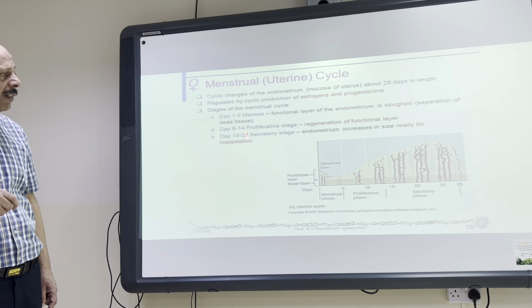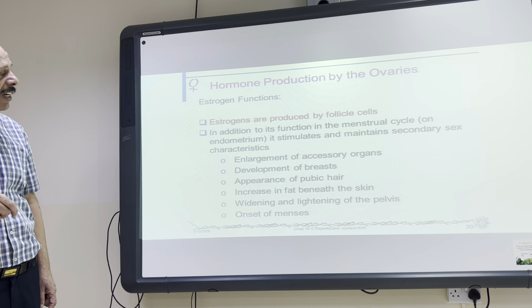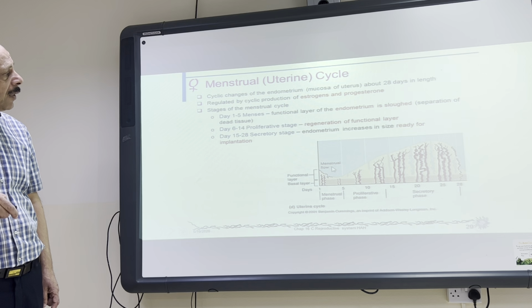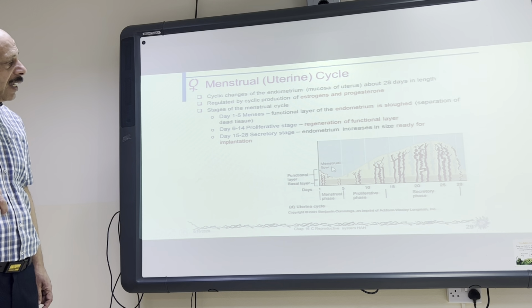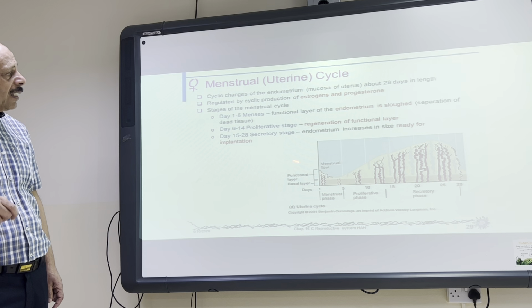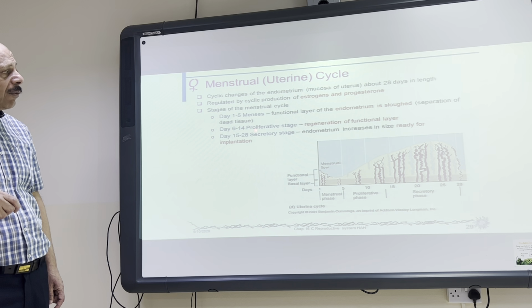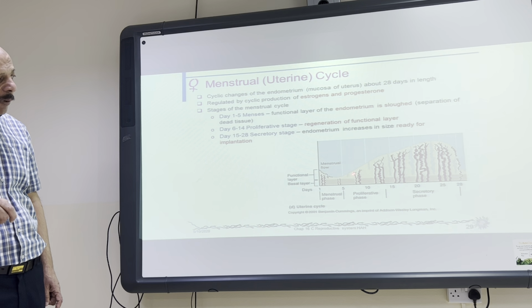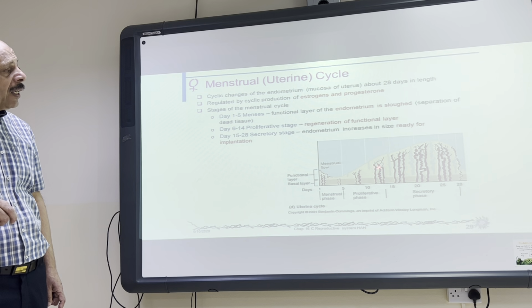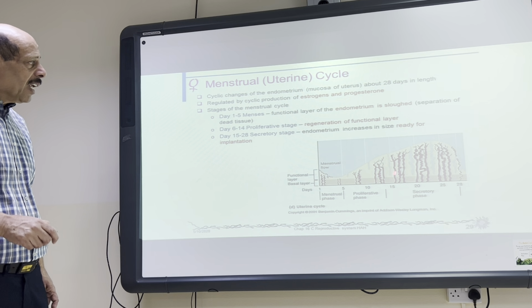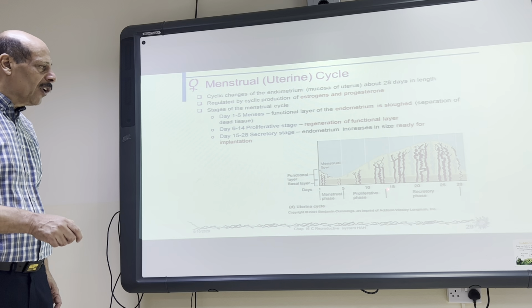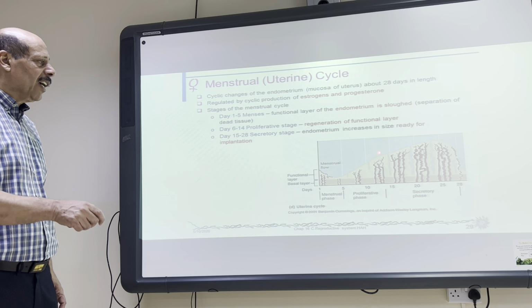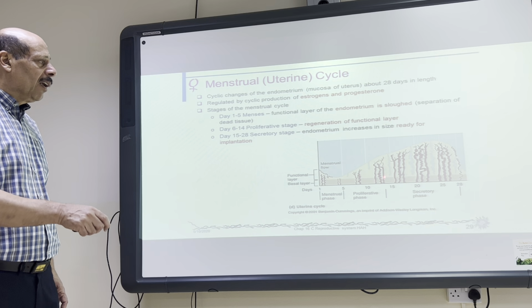The first phase, from day 1 to 5, is when the endometrium will slough. From day 6 to day 14 is the preparatory stage, building up the functional layer of the endometrium. And during day 14, ovulation usually occurs.